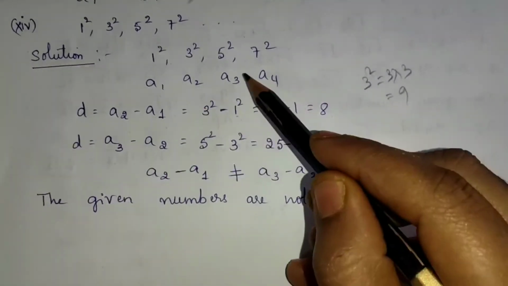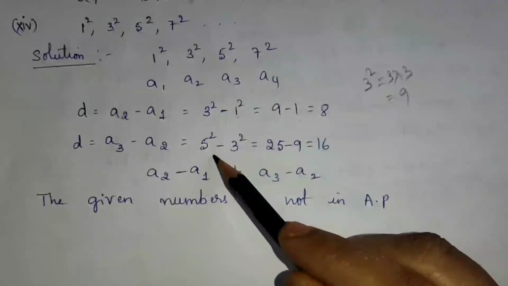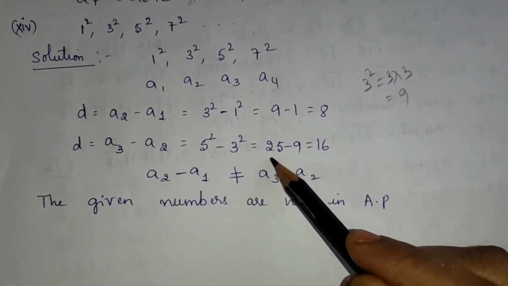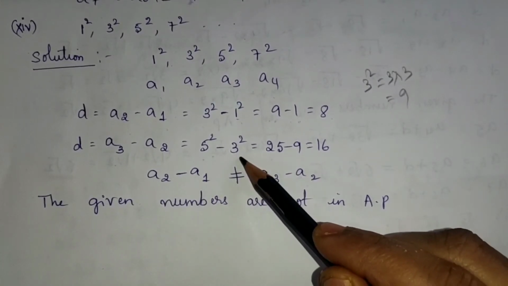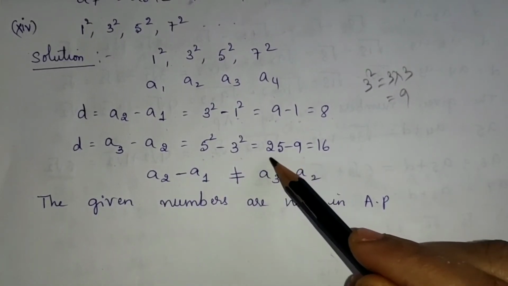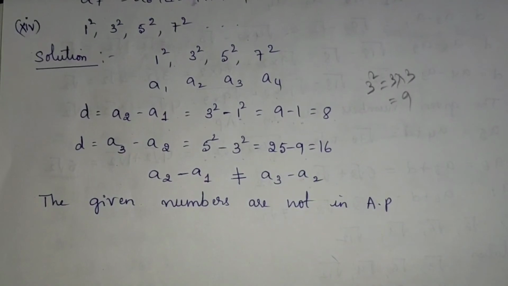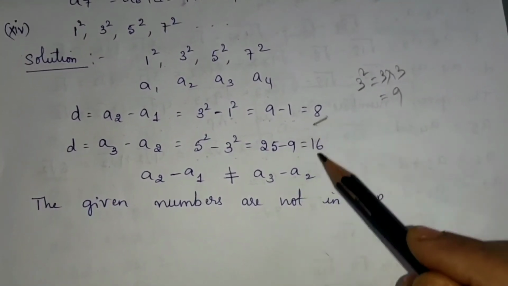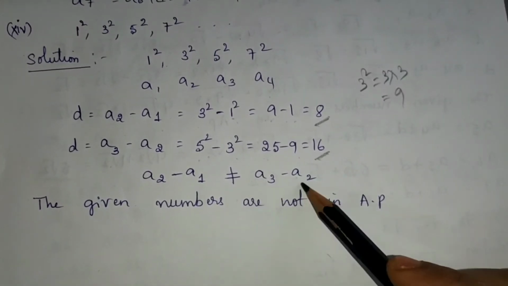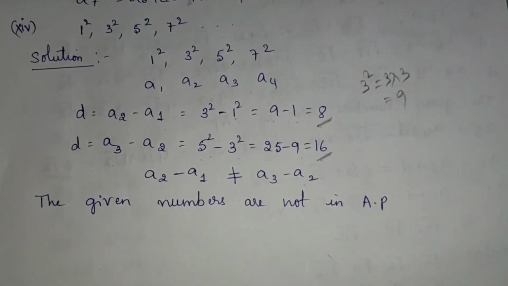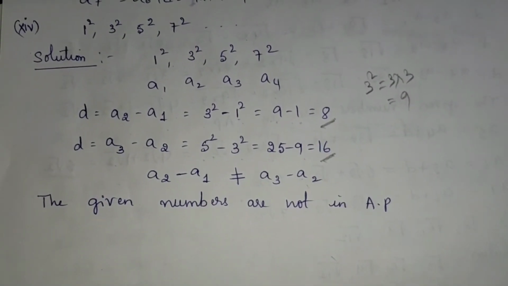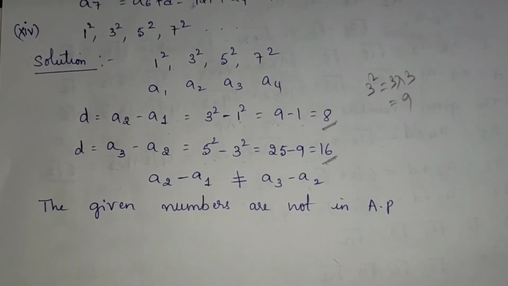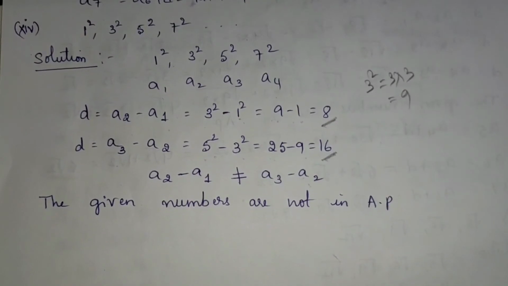Same way, find the difference of third term minus second term. Third term is 5 square, that is 5 into 5, 25, minus 3 square is 9. If you subtract, 25 minus 9 is 16. When you observe, the first difference and the second difference are not same, that is A2 minus A1 is not same as A3 minus A2. Hence, the given numbers are not in AP.